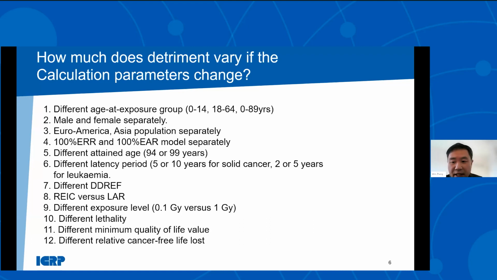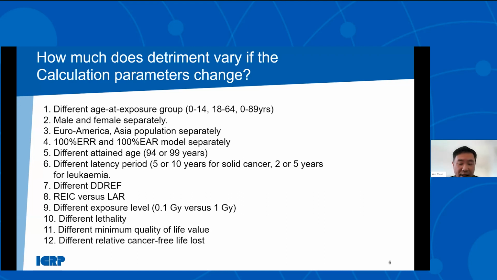In this sensitivity analysis, the calculation methodology is the same as that in publication 103, but with different parameters, as listed in these slides. We will average the detriment over 0 to 14 years, 18 to 64 years, and also 0 to 89 years.